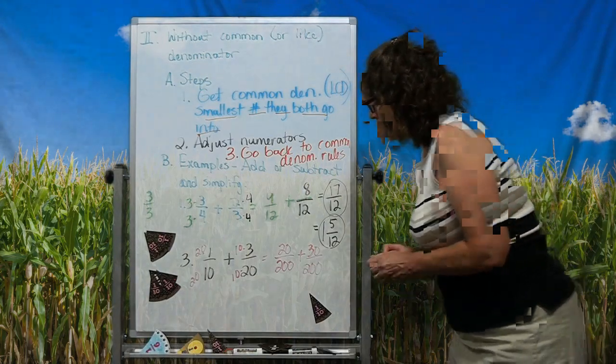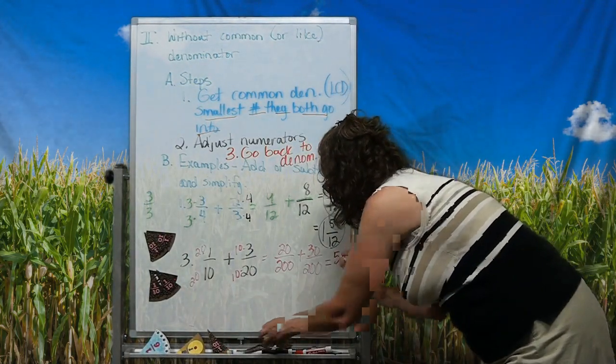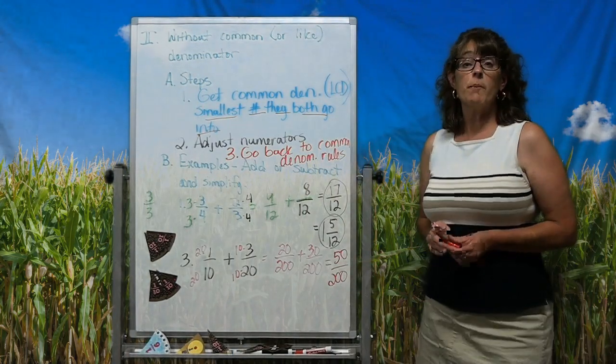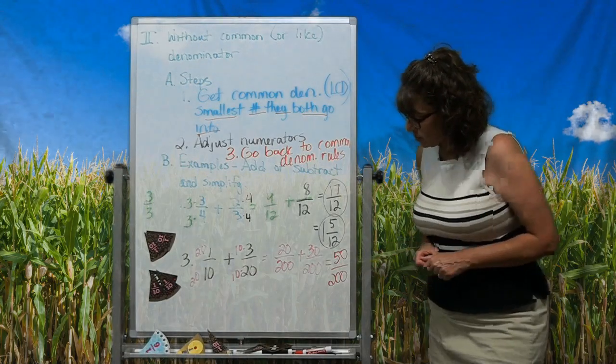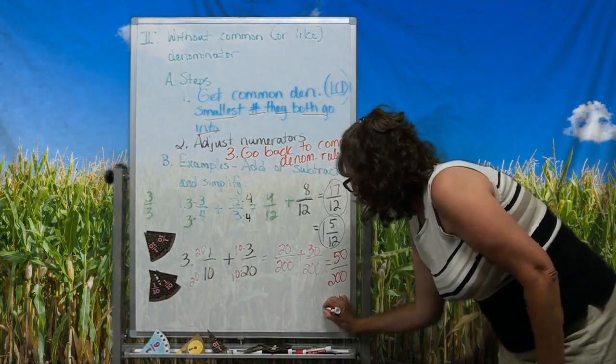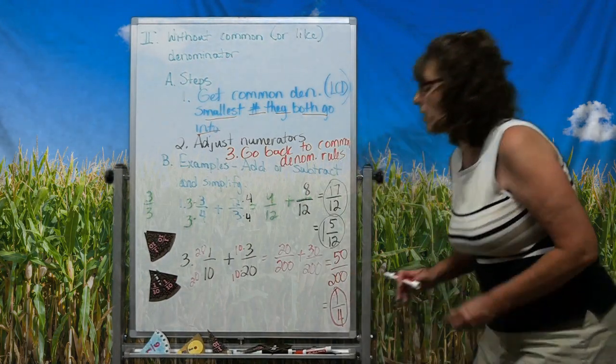And then when I add the two up, 20 and 30 will give me 50 over that common denominator of 200. And now I'm looking for a number that will go into both of those. The number that will go into 50 and 200 is 50 itself. 50 goes into 50 once, 50 goes into 200 4 times, simplifying it to 1/4.